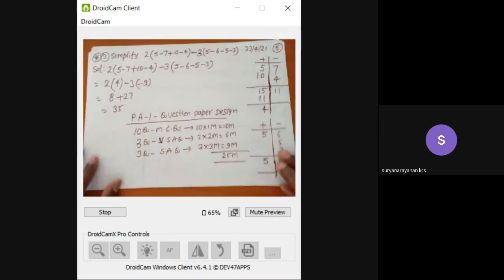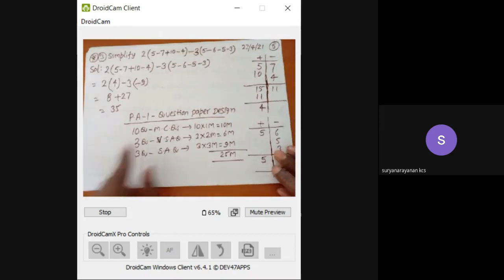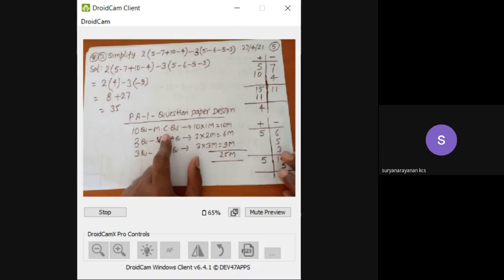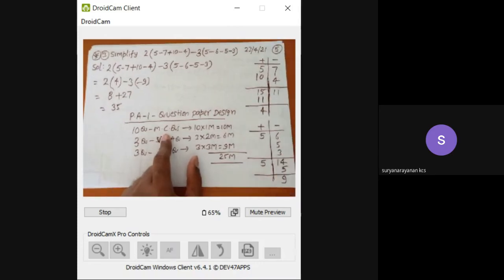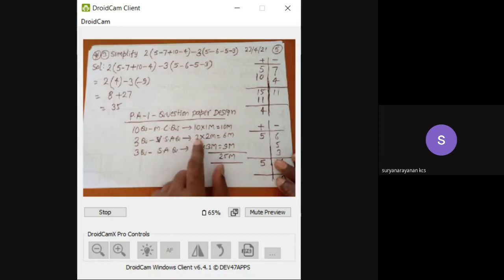See this, my dear children, I wrote the question paper design on this screen. 10 MCQs are there. Whatever points you have learned in this bridge course are very important and very useful. Based on this bridge course, I have set a paper. In that paper, 10 MCQ questions, each question carries 1 mark, that is 10 marks.